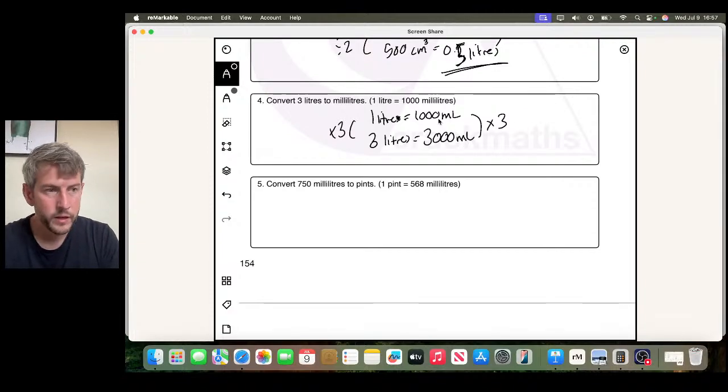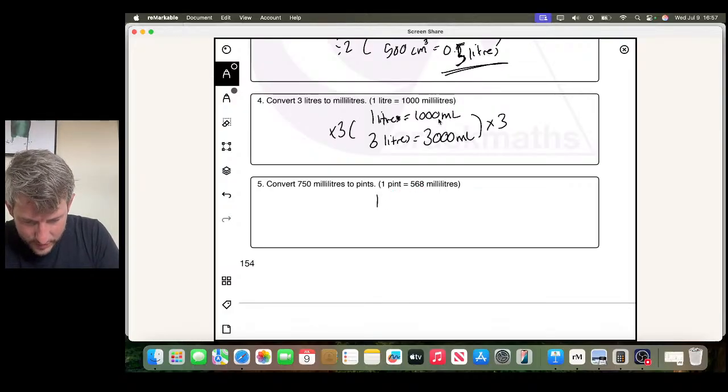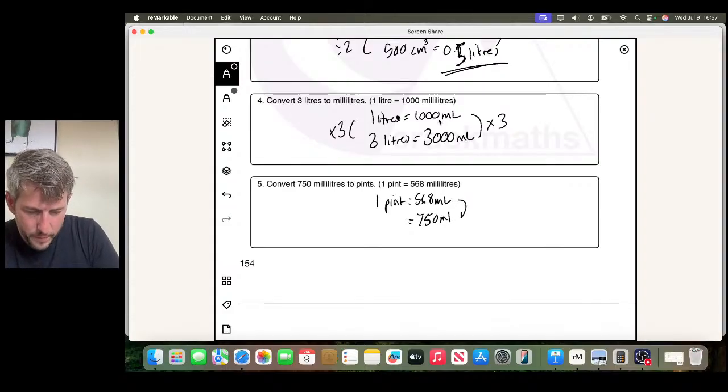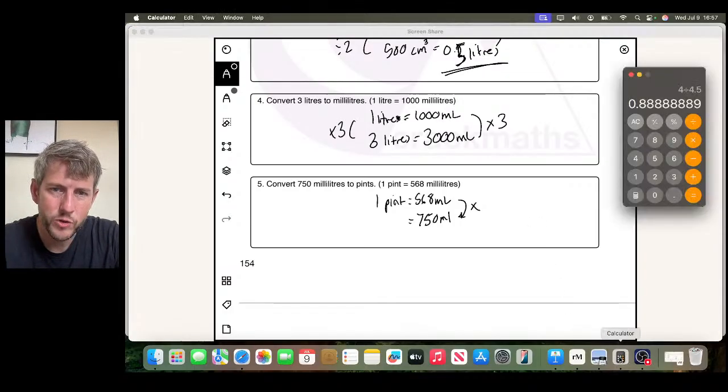Right. Question 5. Convert 750 millilitres to pints. So what we have here is we've got 1 pint equals 568 millilitres. So I'll write that down here. 1 pint equals 568 ml. And we want to get to 750 ml. So we need to know what we are multiplying this by to get to that. So again, we do the same old trick.